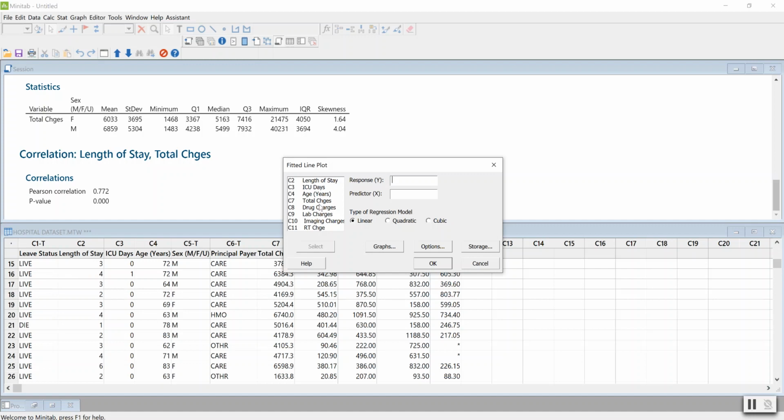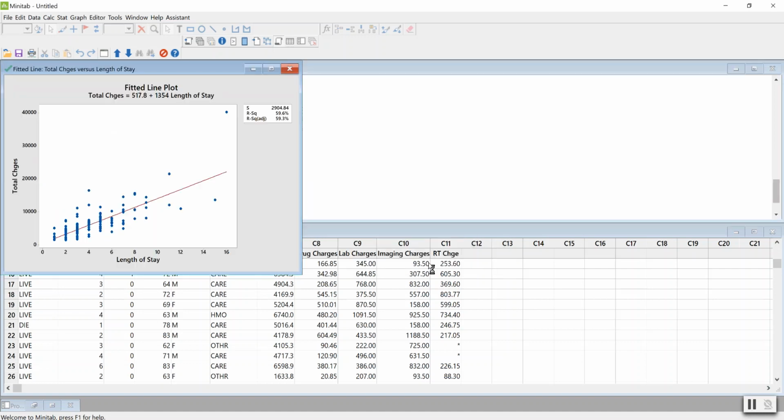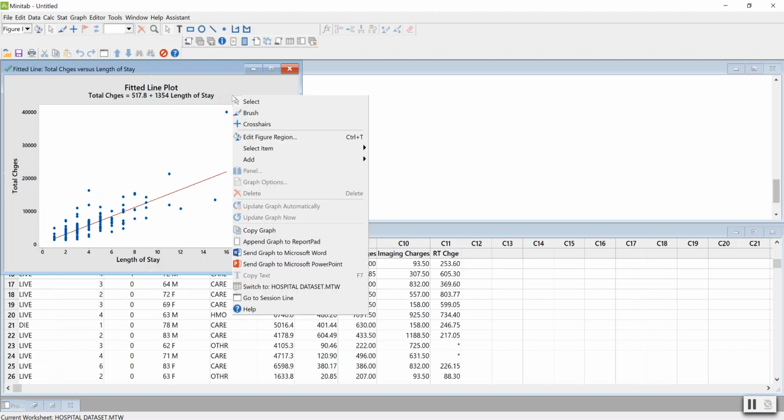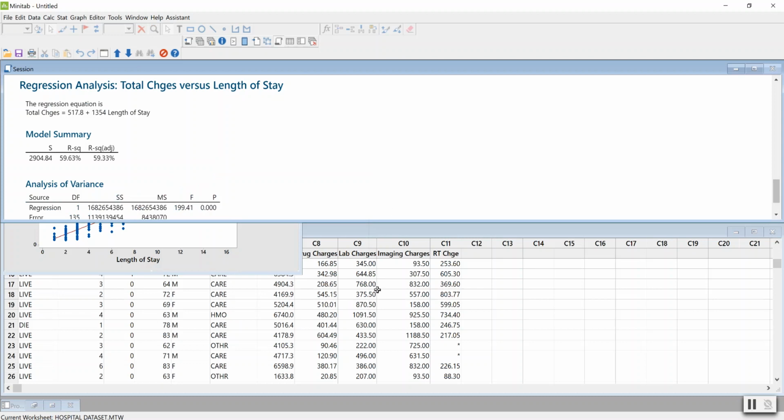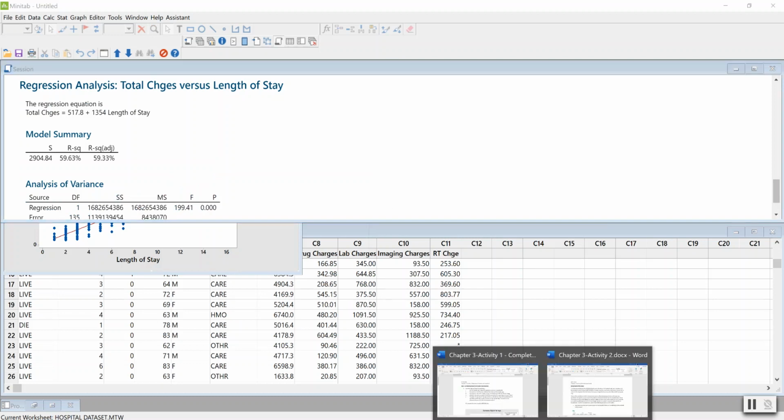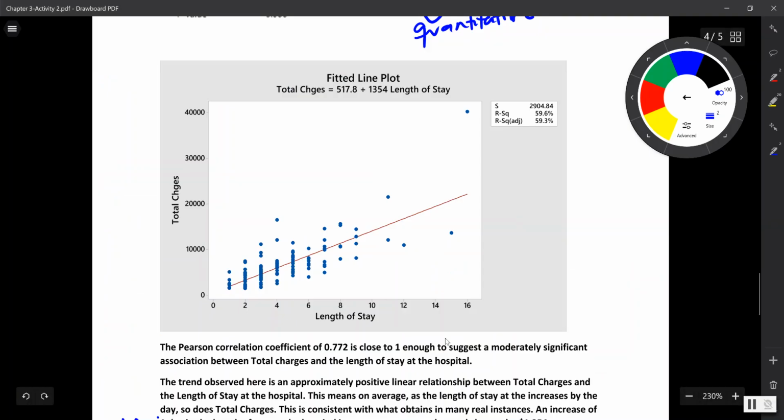Total charge is what depends on your length of stay. Keep this default option and click on OK, and it generates that plot for you. So taking that plot, you can always right-click on this and copy the graph if you want and paste it in your report. So we go back in here.